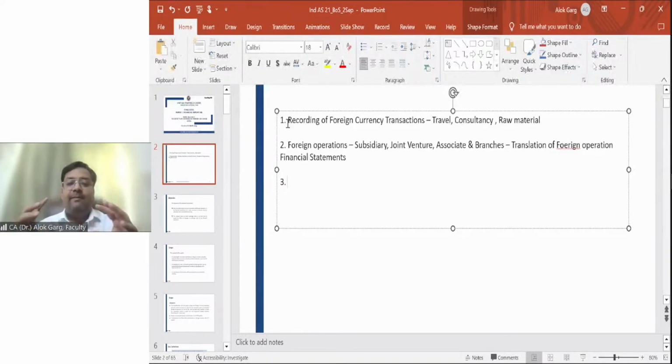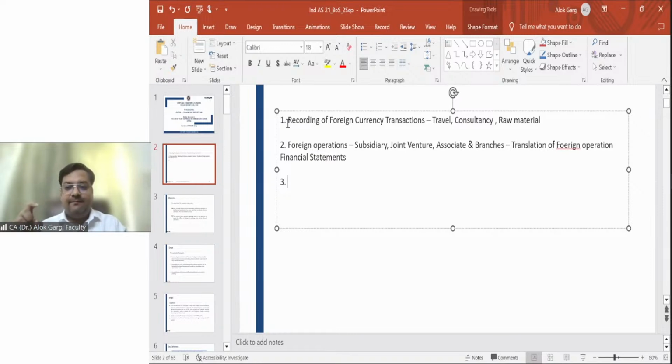Reliance's financial statement has been prepared in INR, right? Now they are asking, no, we don't understand an INR financial statement. We understand only a Japanese yen financial statement. So please convert your financial statement into Japanese yen, and then only we will be able to analyze your case and provide you a loan.